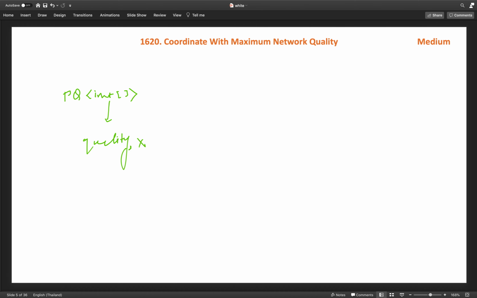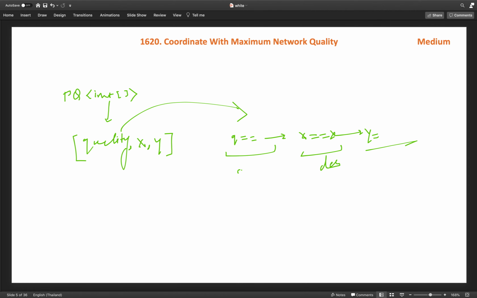Second is the x coordinate of that tower, and third the y coordinate of that tower. We fill these three elements into the priority queue's int array element, and create the comparator like this: first we give precedence to the quality. If quality is equal, then we check the x coordinate. If the x coordinate is also equal, then we check the y coordinate. The quality is in descending order, while the x and y coordinates are in ascending order.